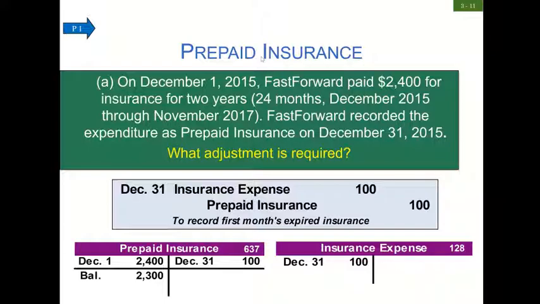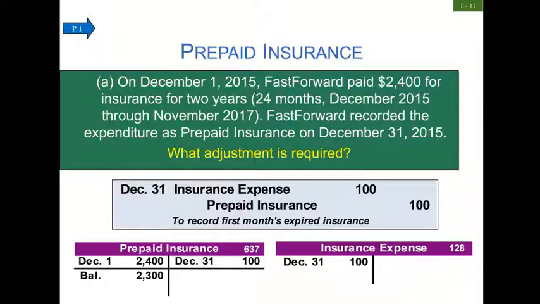If we see this example, on October 1st, 2015, Fast Food paid 2,400 for insurance for 2 years, which is 24 months. The 24 months will benefit from the insurance starting from December 2015, through November 2017. Fast Food recorded the expenditure as prepaid expenses.